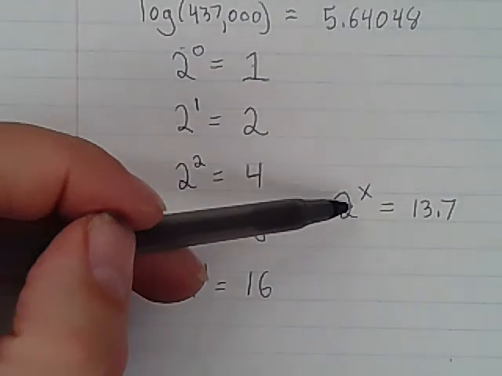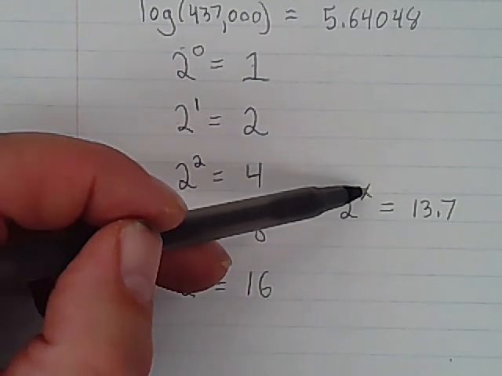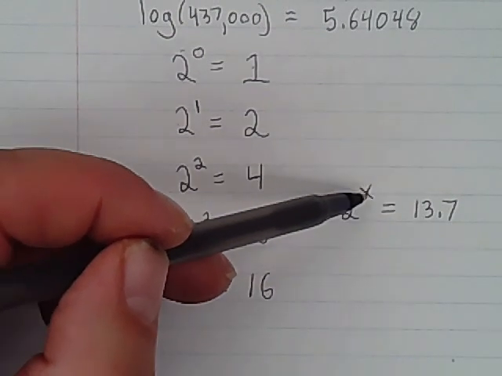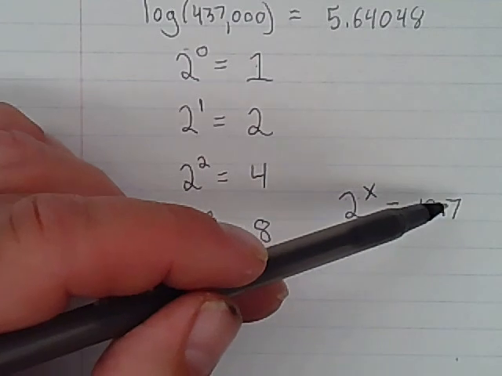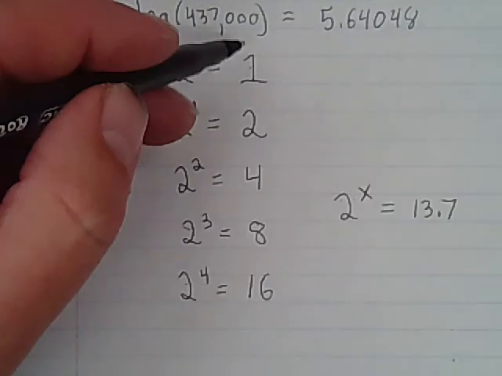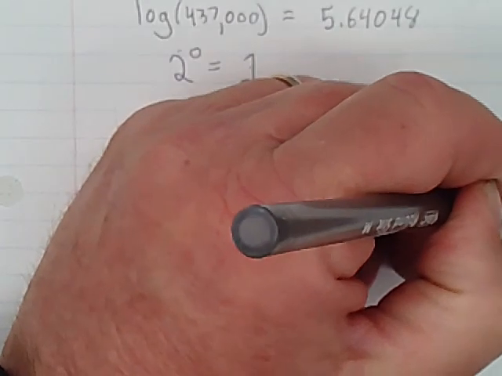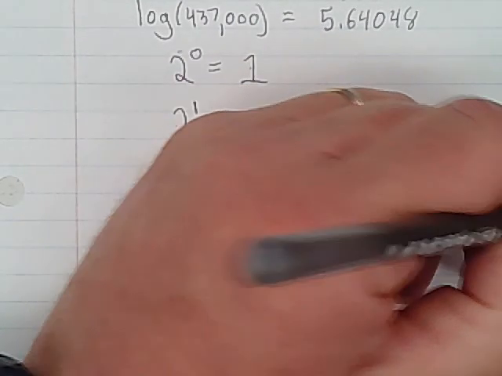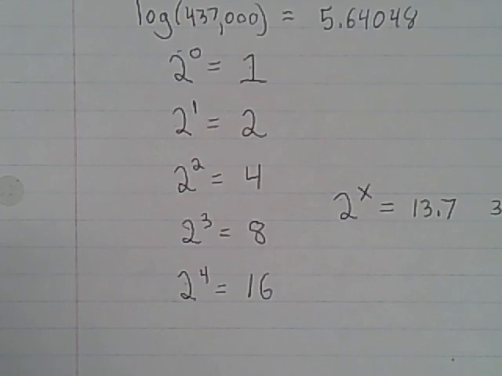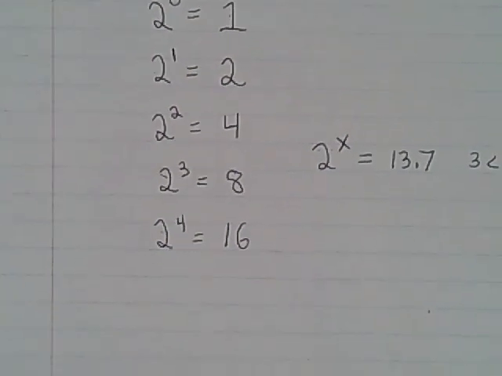Suppose I want that value of x such that 2 to that power of x ends up being 13.7. Well, I can tell you by looking at what I've written so far that x must be between 3 and 4. And beyond that, I can't tell you unless I have a calculator with a log function.